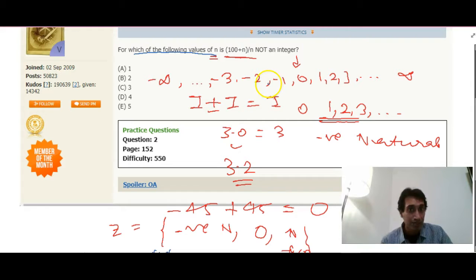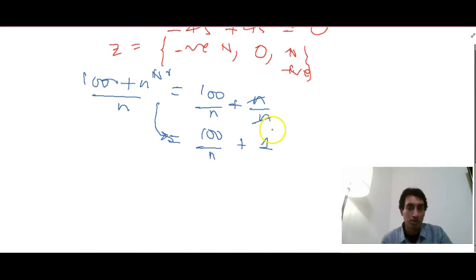Am I right? So let us check what exactly the answer is. Let me write down the values 1, 2, 3, 4 and 5. Let us put these individually into this equation as we have simplified it.